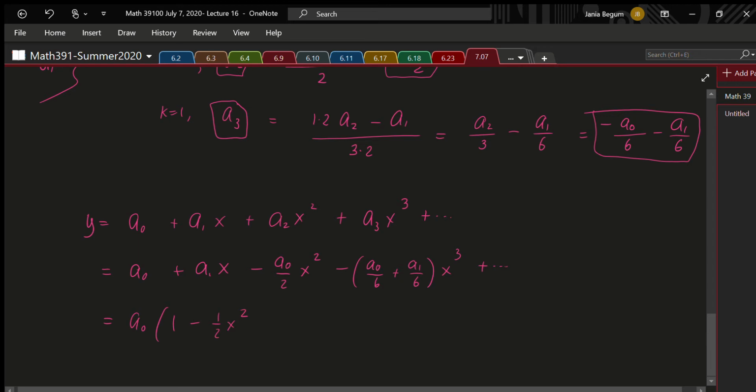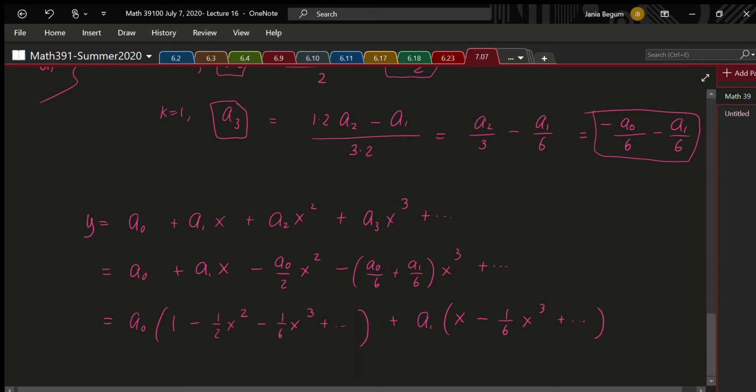And then there's one more term, minus 1 over 6 x cubed. So it looks like I only have 3 terms. Plus a1. So now a1 has x, and then the next term with a1, where is the next one? That's right here. Minus 1 over 6 x cubed. So this one only has 2 terms.